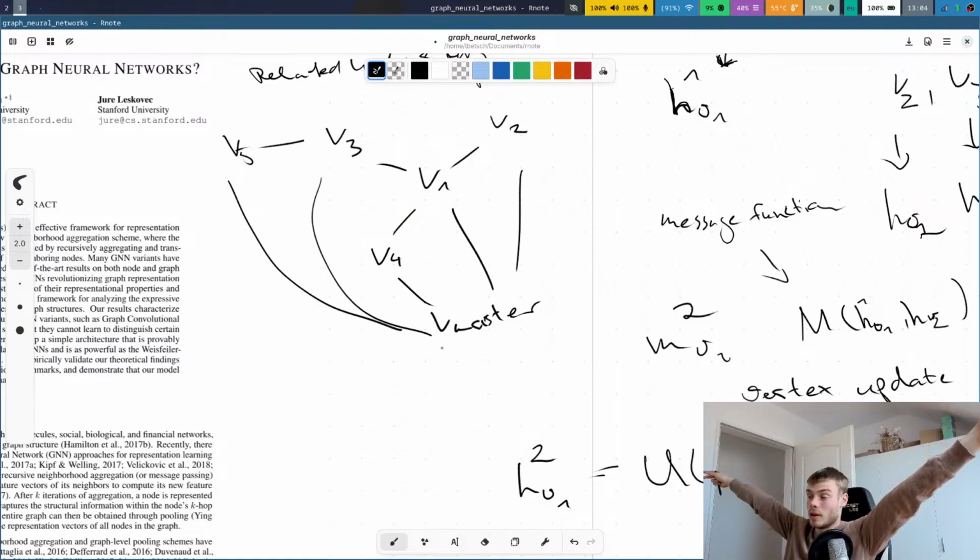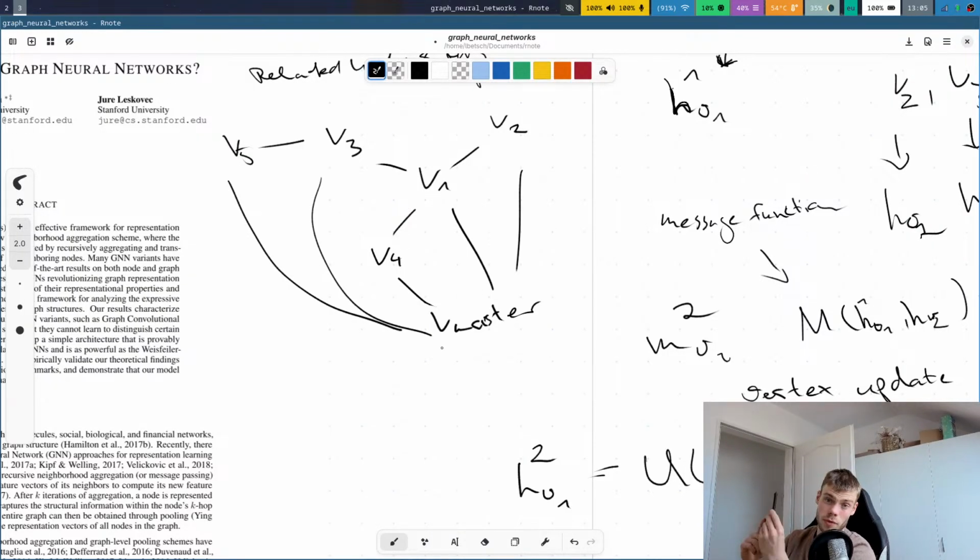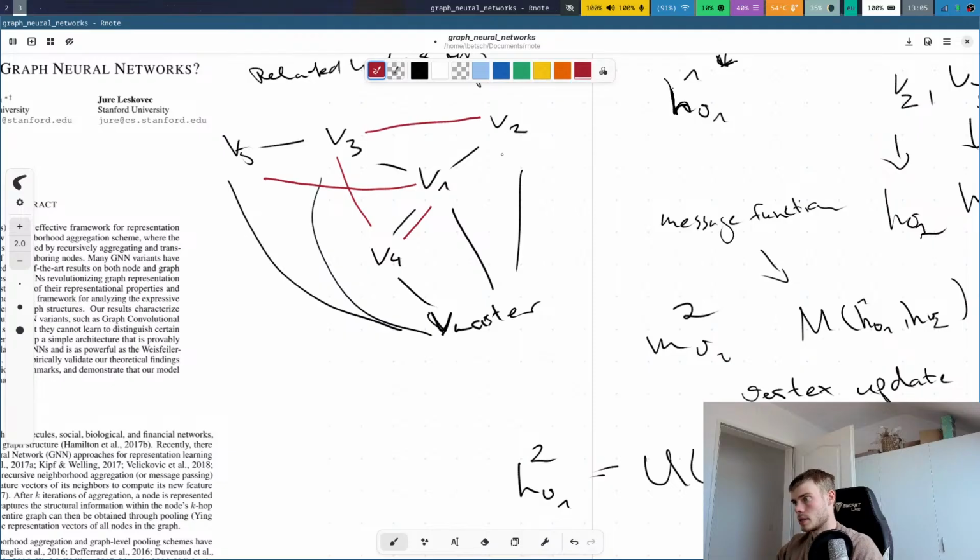If we have a very long chain and we only do these updates 4 or 5 times, and our chain is 10 vertices long, then the message from vertex 10 will not reach vertex 1. And they were using a master node, or virtual edges, so that everything is connected to everything, but they are separate from the real connections.